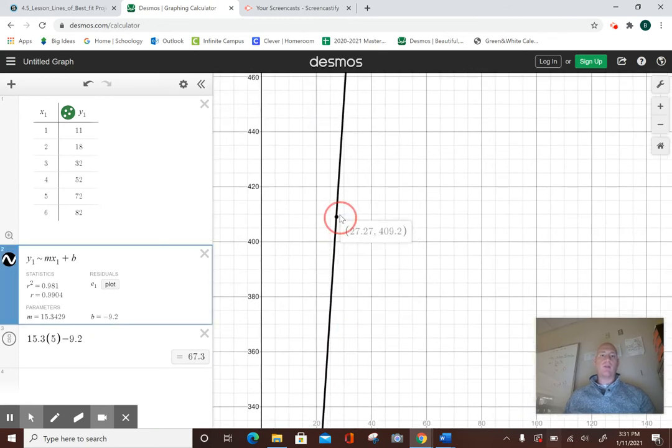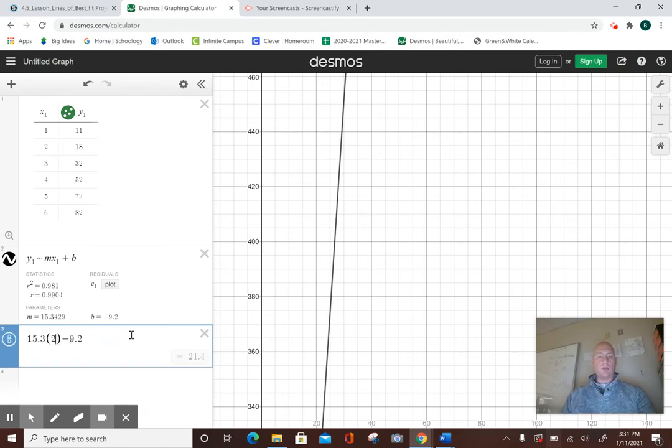We got to follow this really far. 25 is right there. Let's see if we can get it exact. I had it. There we go. 374.4. Or you could have gone to this line and just plugged in 25.